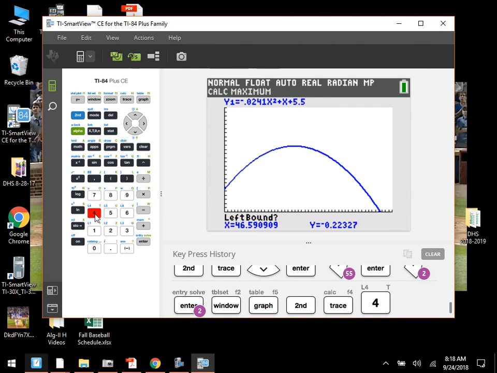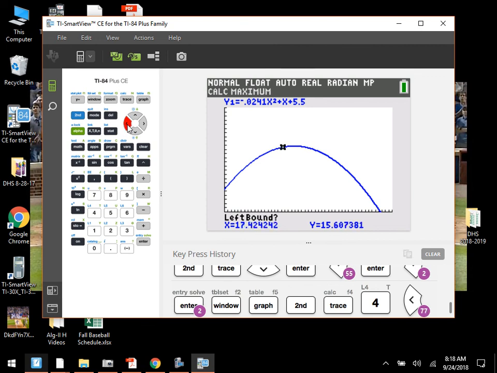Again, it's going to ask us for a left-hand boundary and a right-hand boundary. Right now, my cursor is somewhere down here because that's where it says for the y value. So I need to move it back. This is really easy to see what it's doing here.